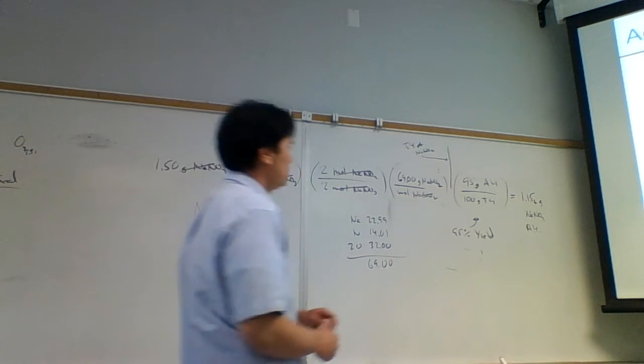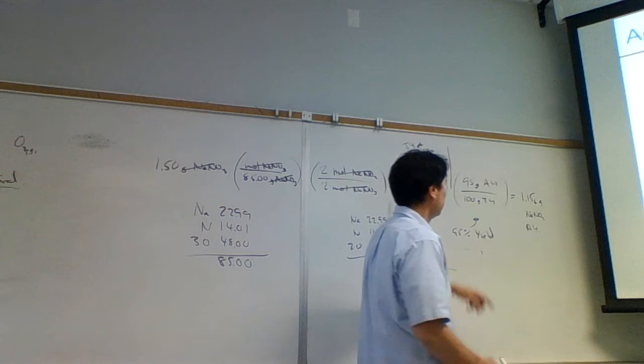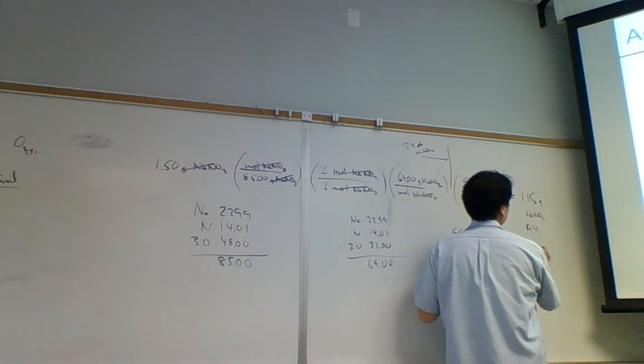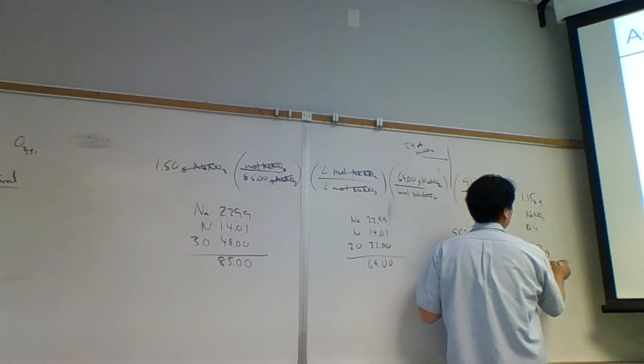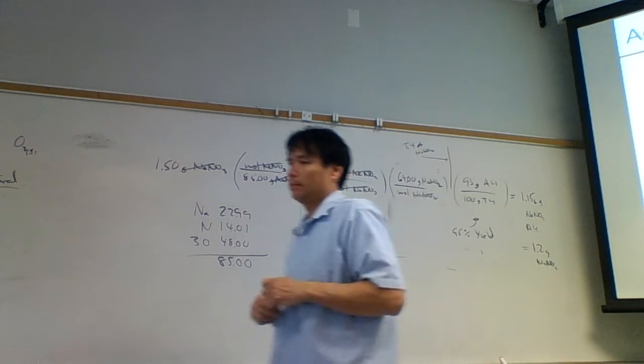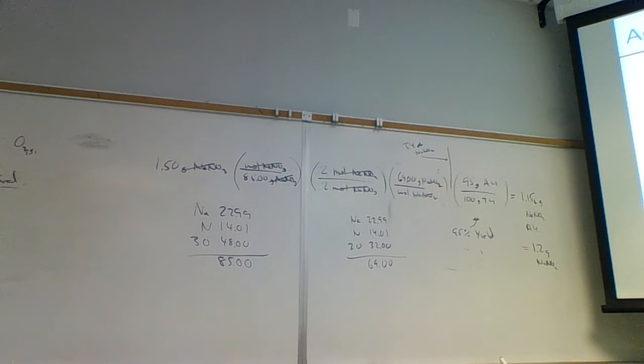I'm only allowed 2 sig figs because this is 2 sig figs here. So I'm going to round to 1.2 grams. All right, so that's theoretical, actual, and percent yield. And then we talked about limiting reactants. We talked about that before.